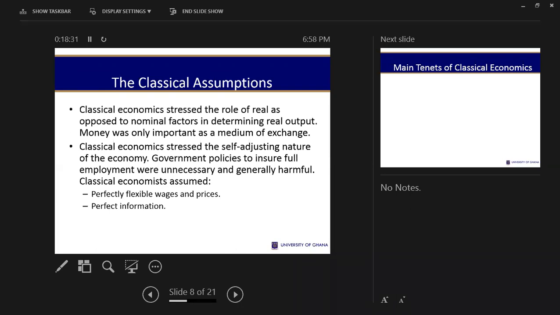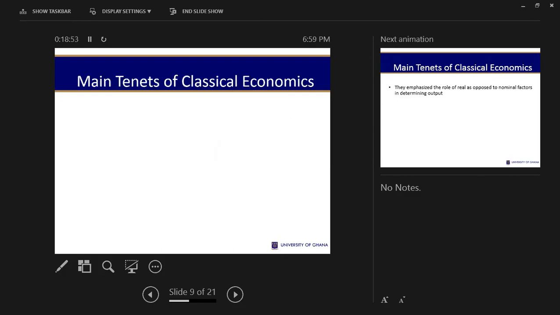If both consumers and producers have perfect information, then there's always equilibrium. Even in demand and supply analysis, because there's perfect information, we are all able to settle on a stable price and a stable output. So because of perfect information and the free movement of wages and prices, there's a self-adjusting nature of the economy. Any question?